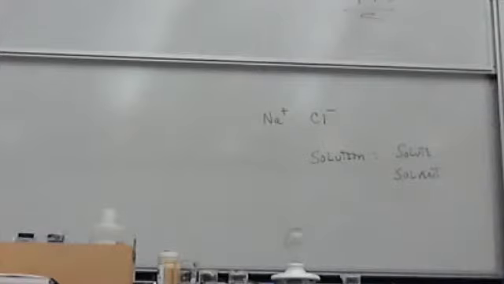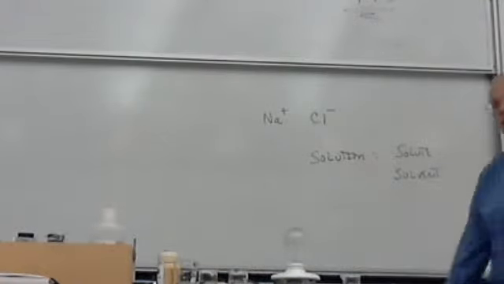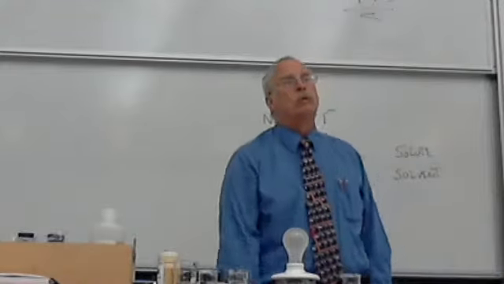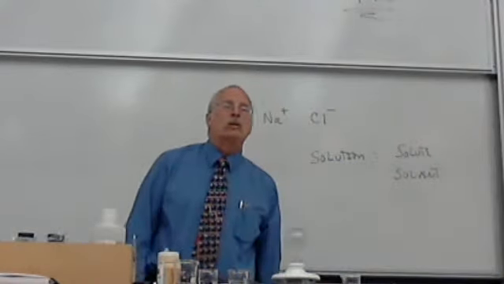I don't think I necessarily want you to learn those rules, okay? At this stage of the game, you'll probably need some help and be told this is soluble, this is insoluble, this is going to work, this isn't going to work, and that sort of thing. In Chemistry 1211, you get a little better flavor for it because we can relate to it mathematically. There are some mathematical terms and some constant numbers that we can use to indicate something about the solubility of the substance in things like water.